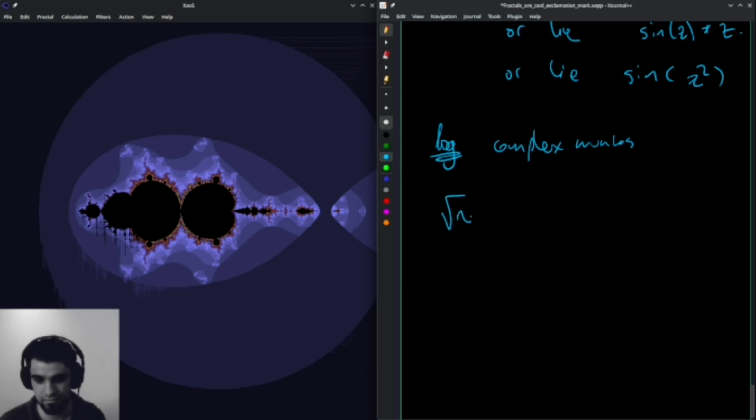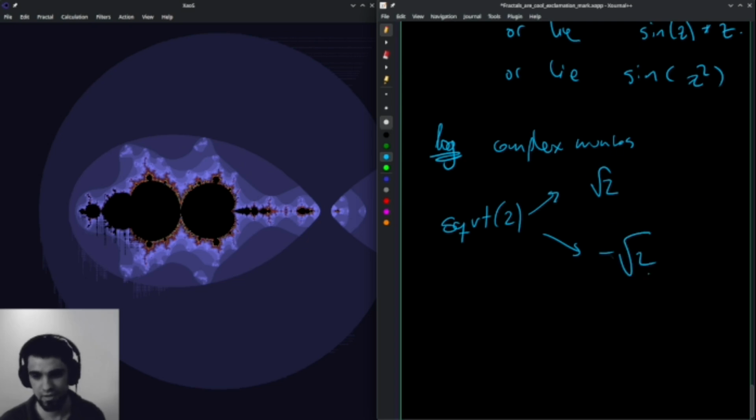The square root of 2 could be the square root of 2, but it also could be minus the square root of 2. Both of these numbers, when squared, give us a 2.